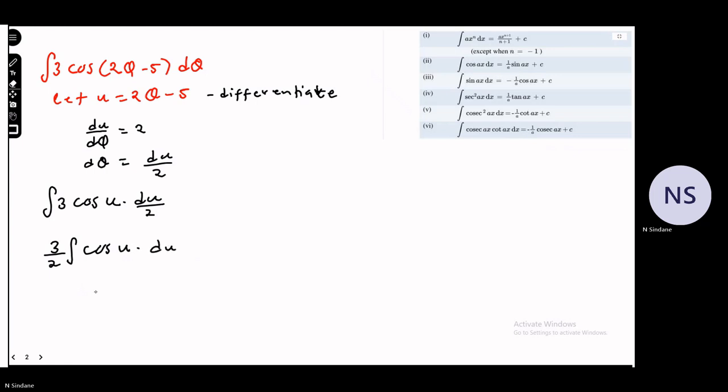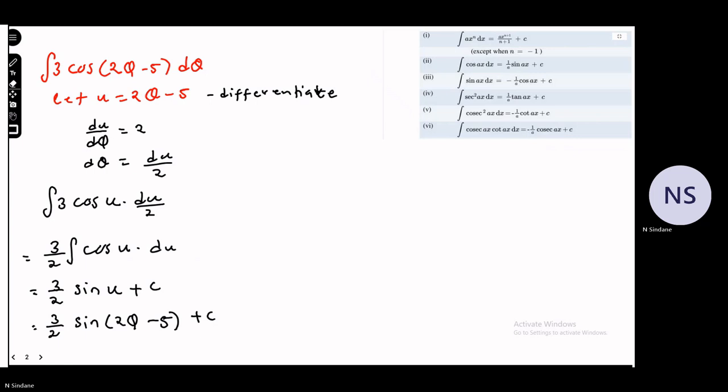Then integrating cos, this will be sine u plus c. And then 3 over 2 is sine of 2 theta minus 5 plus c. So when I integrate that, this is my solution. This is what I'm going to get. Let's get the next question.